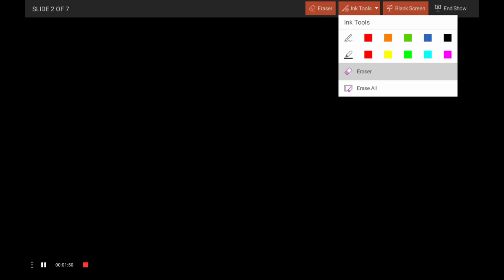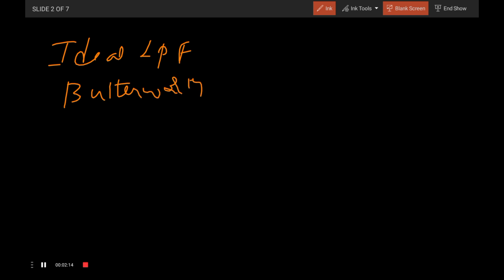That is nothing but the ideal low pass filter, the Butterworth LPF, and third one is the Gaussian LPF.